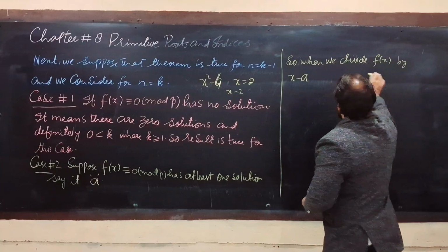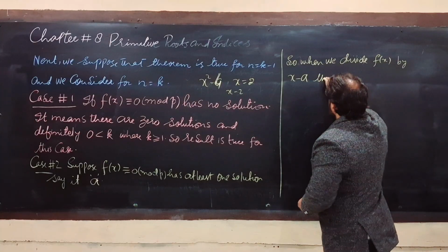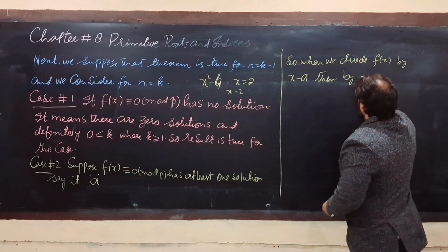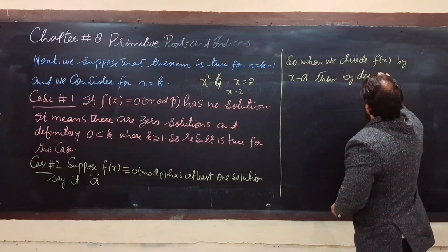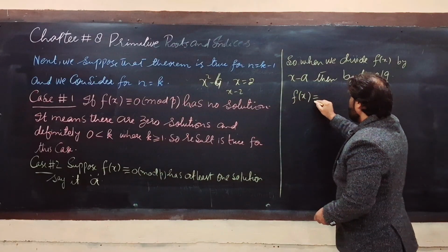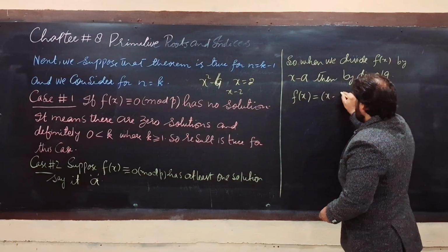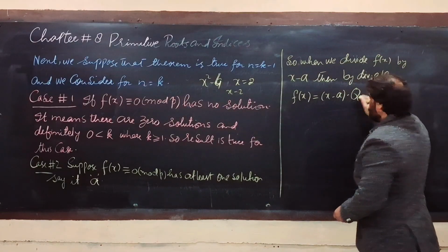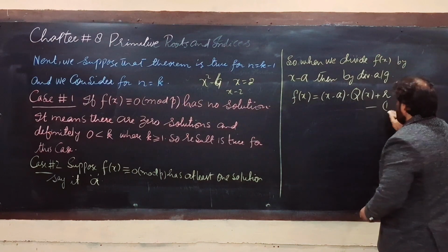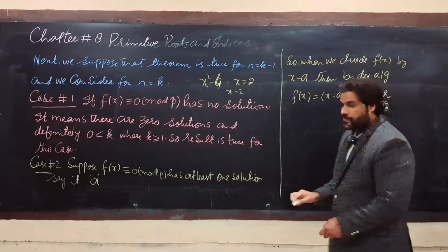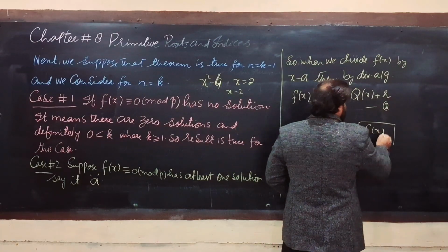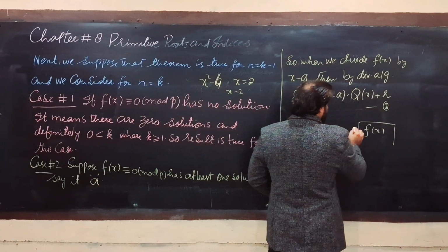So when we divide f of x by x minus a, then by the division algorithm we can write f of x is equal to x minus a into some quotient q of x plus remainder r. Say this is 1, this is 2, sorry. Suppose this is my polynomial f of x, you divide it by x minus a.